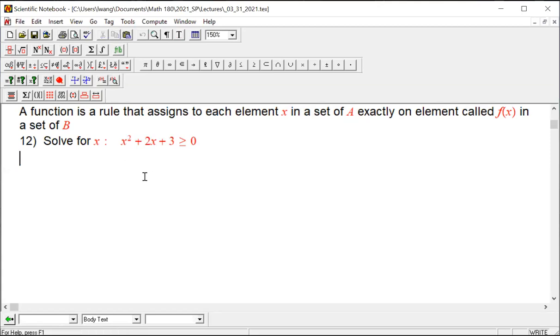Did anybody try to factor? I don't know if you tried to factor. Factoring is not that easy. But I'm not saying it cannot be factored. It can be factored, but it's just not very easy.